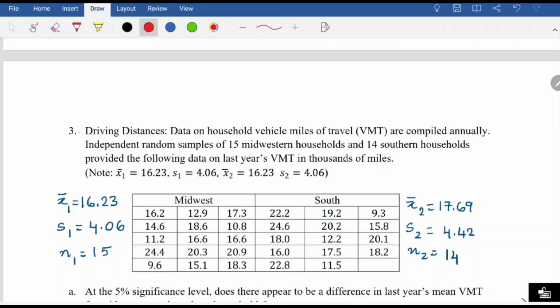So even though they've given us the data here, we have also summarized the data for you. The sample mean for the Midwest is 16.23. For S sub 1, the sample standard deviation is 4.06.